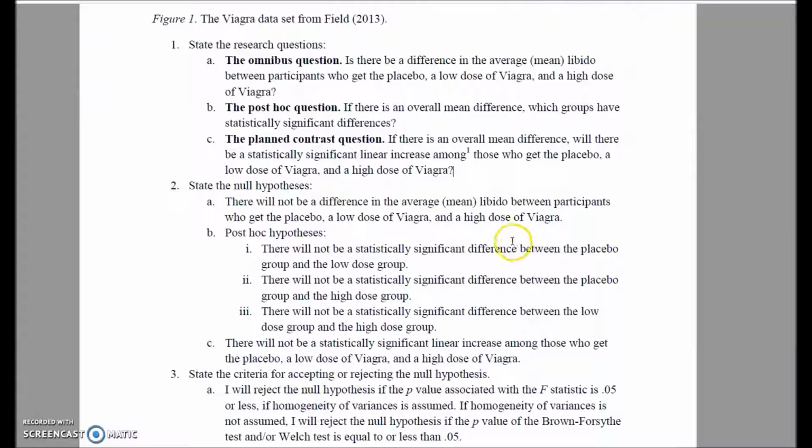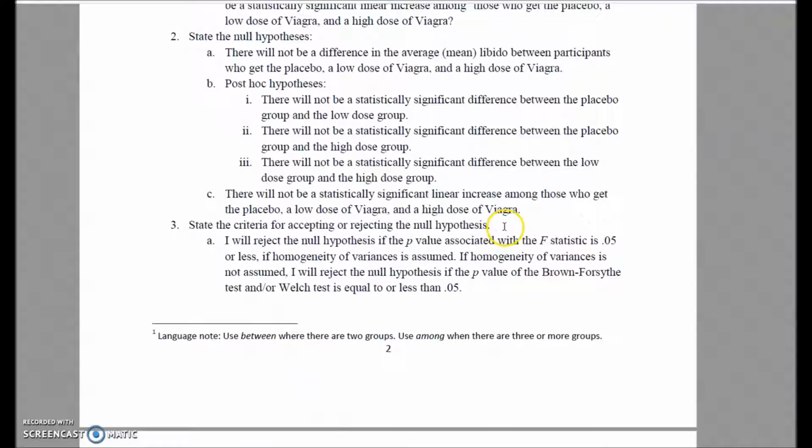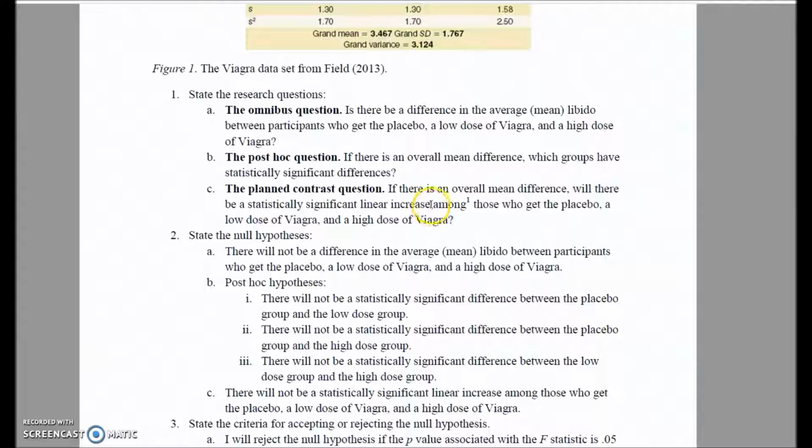Remember how we were talking about whether there is a difference between this and the other groups in the independent and dependent variable? But when we have more than 2 groups, we use among. So that is why that verbiage is used. You don't have to put a superscript and give that. This is for you to understand why it is there. So this is where it is coming from.